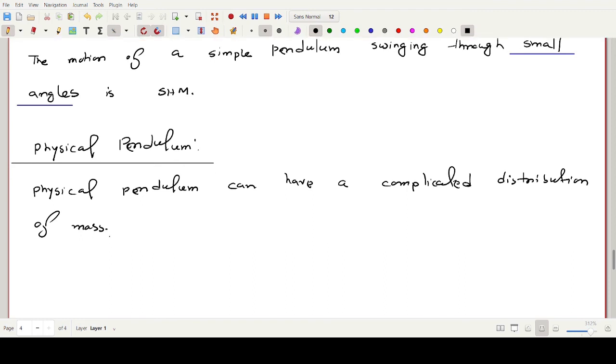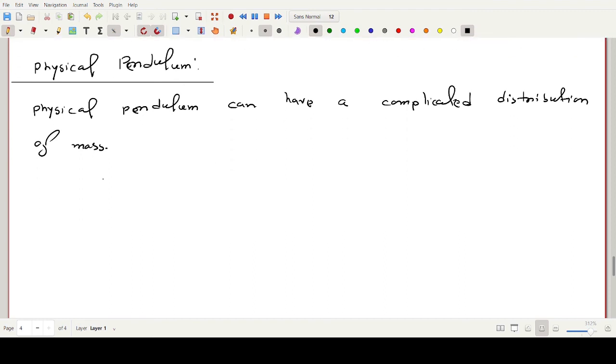So here we have our pendulum. This is our pivot point.